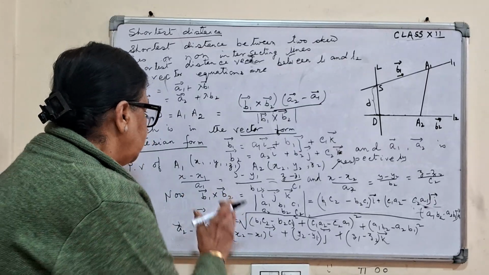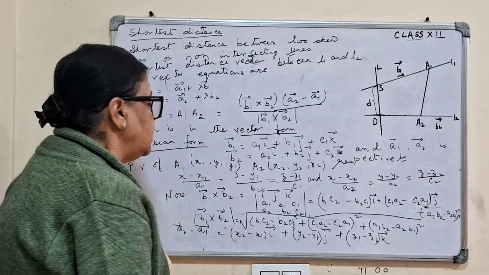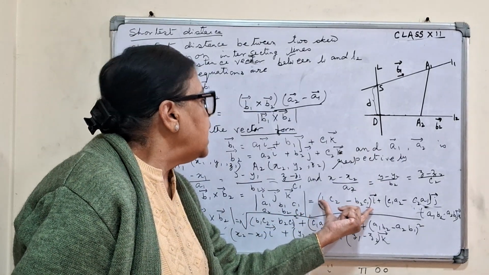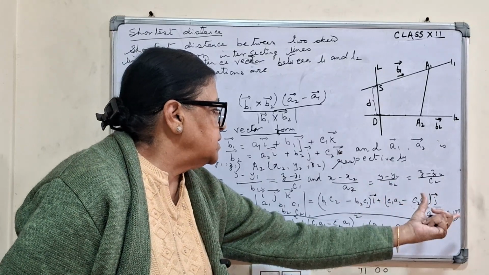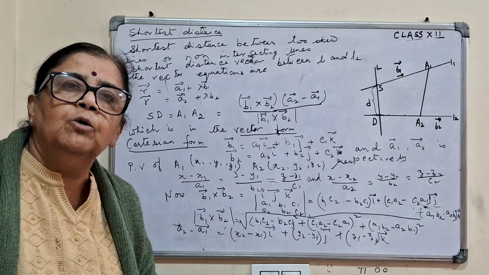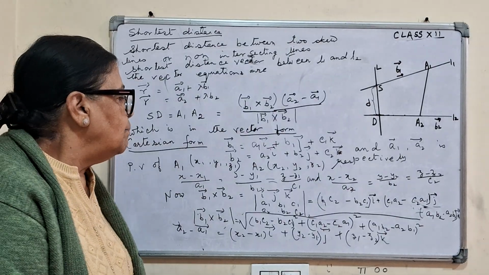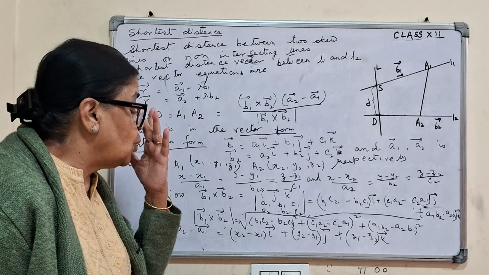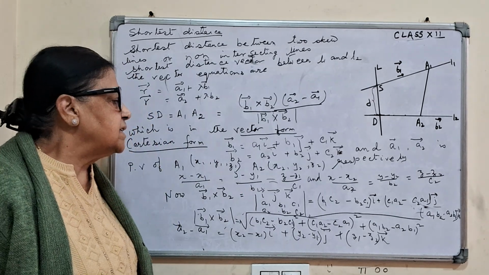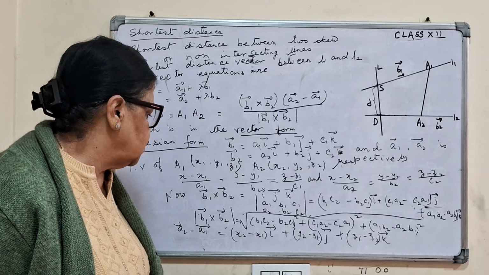Now the modulus of B1 cross B2 will be the square root of this whole square plus this whole square plus this whole square. That is, b1 c2 minus b2 c1 whole square, plus c1 a2 minus c2 a1 whole square, plus a1 b2 minus a2 b1 whole square.